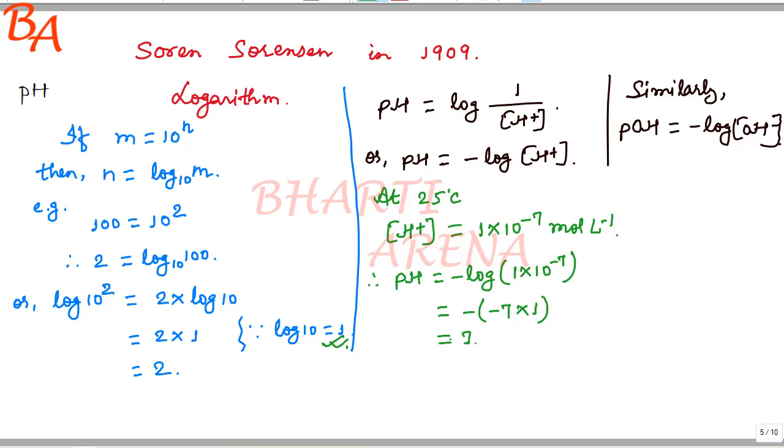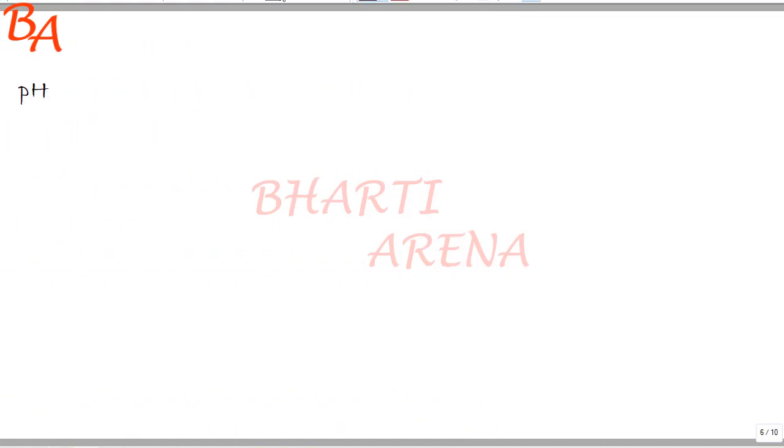So for a solution, pH plus pOH equals 14. Now we will see few numericals for illustrating the pH what we have just learnt.